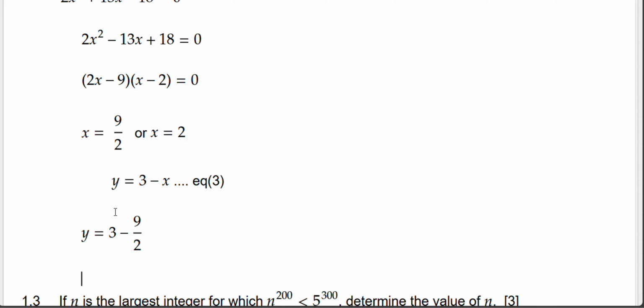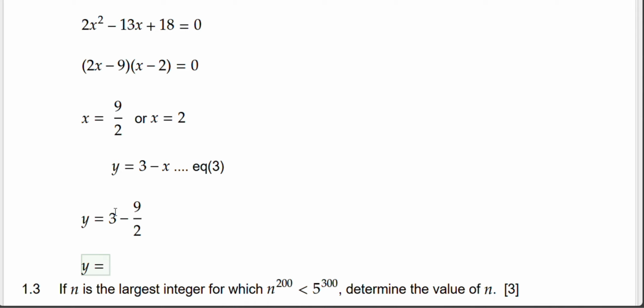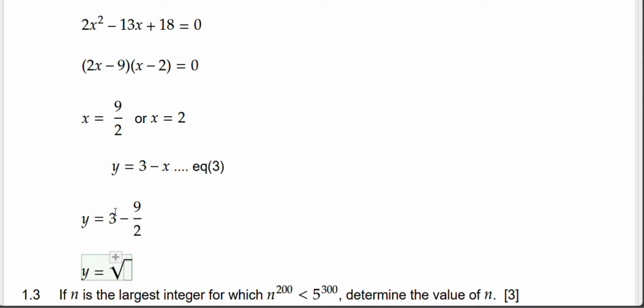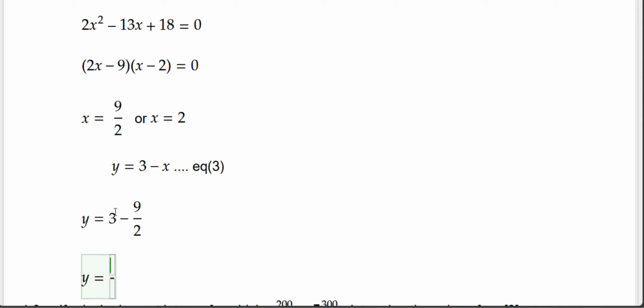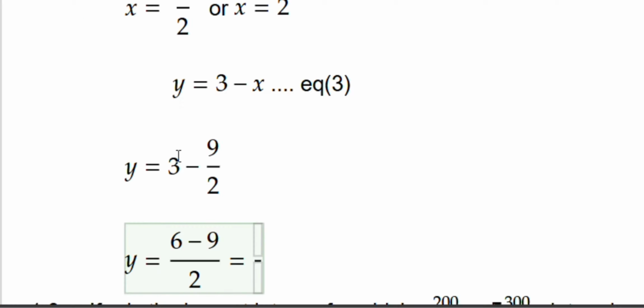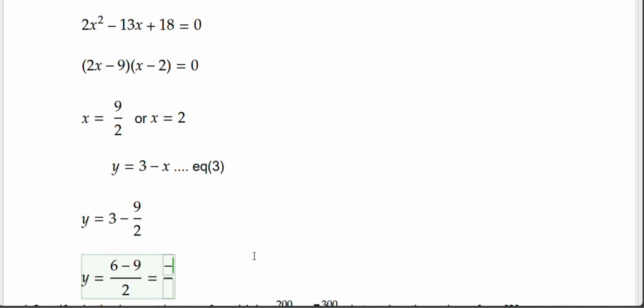Okay, I don't have a calculator, but okay, let me try something. So here it's going to be 6 minus 9 over 2. So this thing is the same as negative 3 over 2.